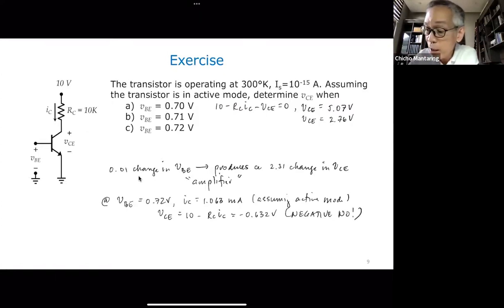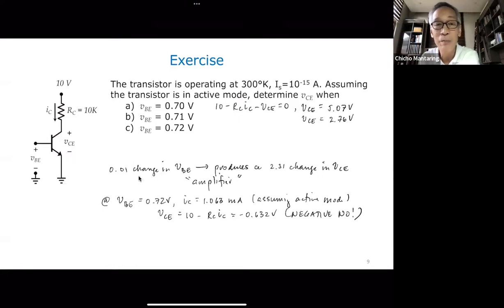First of all, taking a look at the circuit, saan magagaling yung negative voltage dito? My voltage here is positive 10. My lowest voltage here is 0. It doesn't seem right that I will have a voltage somewhere in between that is negative, no? Because I'm going from 10 here all the way down to 0. So I expect as I go from 10 to 0, my voltage is decreasing, no? But this indicates that from here to here, my voltage is increasing.